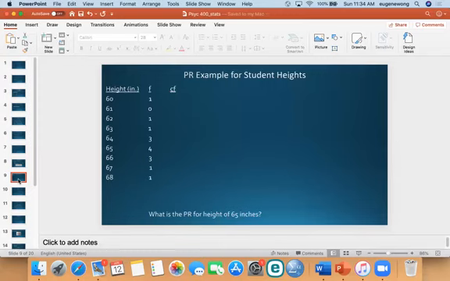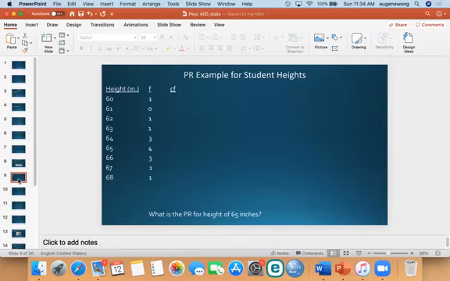So I'll start you out, you finish it. The cumulative frequency at 60 inches is going to be 1, because there is one kid who is 60 inches tall. No one is less than 60 inches tall, so the cumulative frequency is 1.